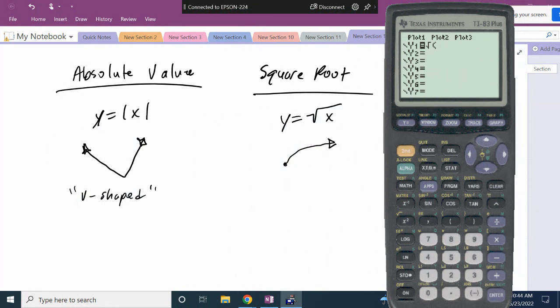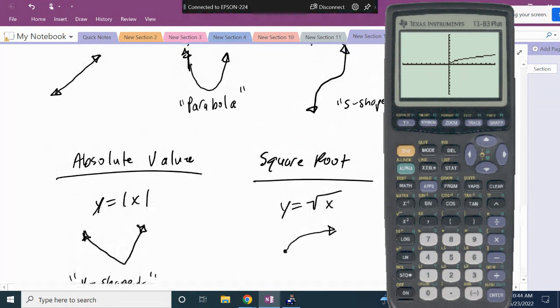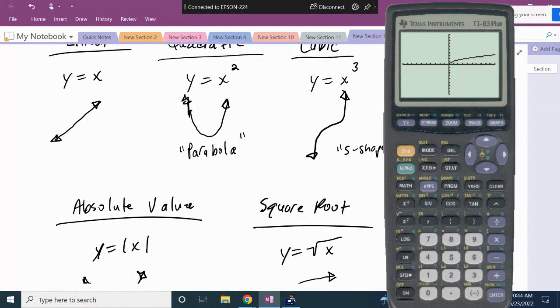So this is the square root of x. And if we graph, just notice that basic shape. All right, so these are the 5 basic graphs that we're going to deal with.